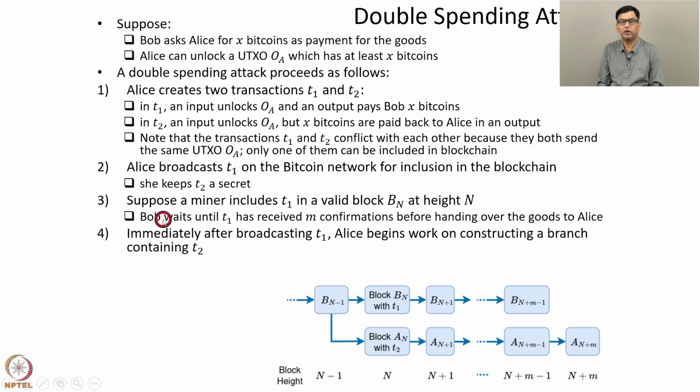But in parallel, immediately after broadcasting T1, Alice begins work on constructing a branch containing T2. T2 is the secret transaction, and that branch is shown here.